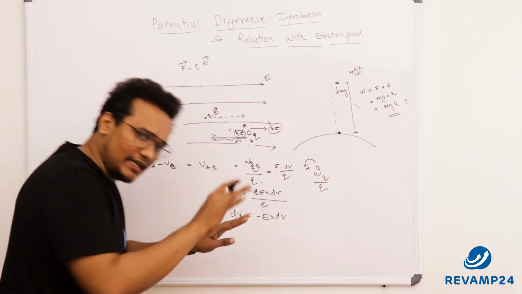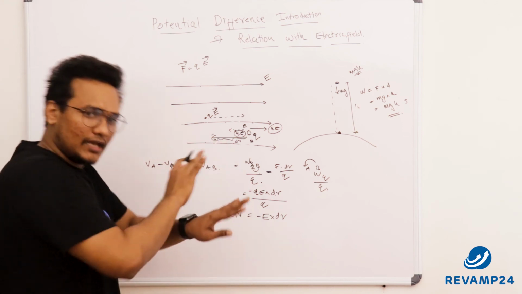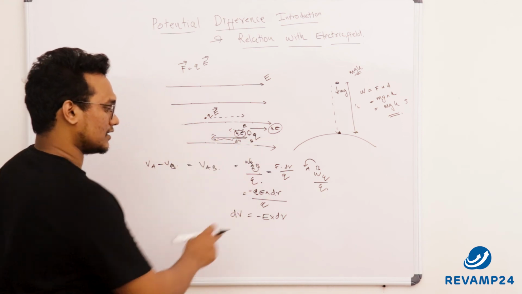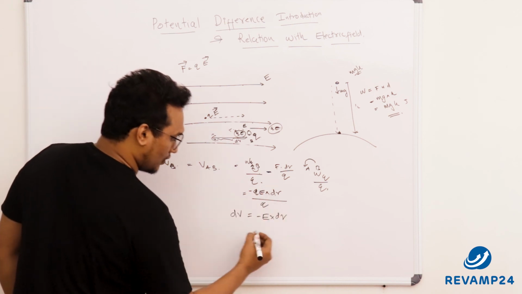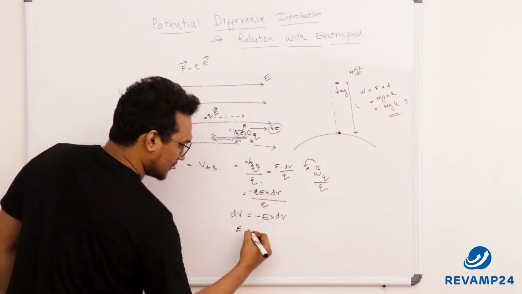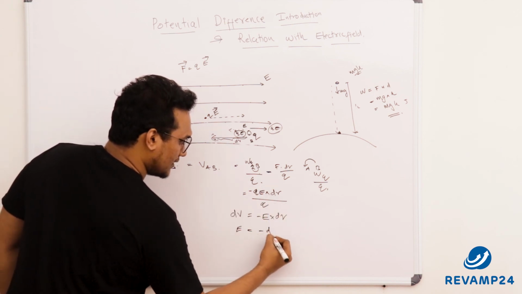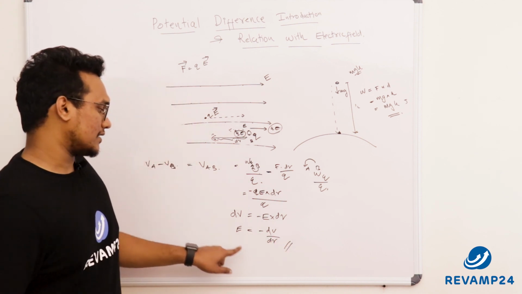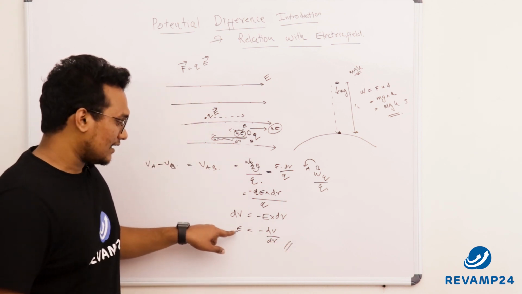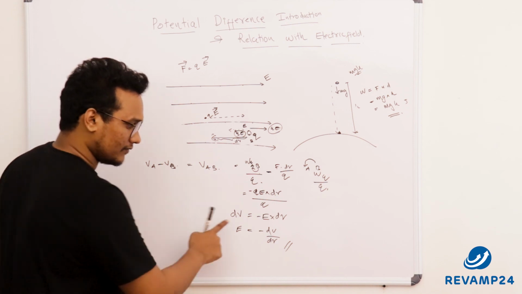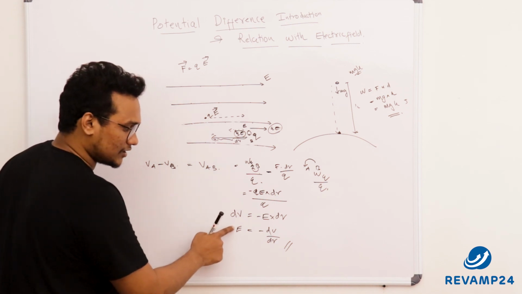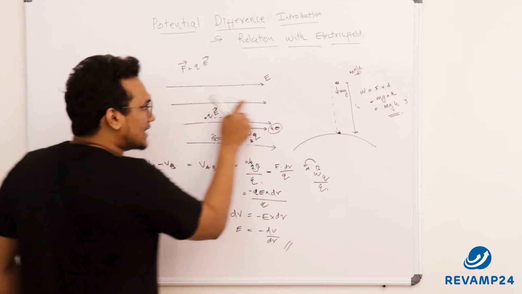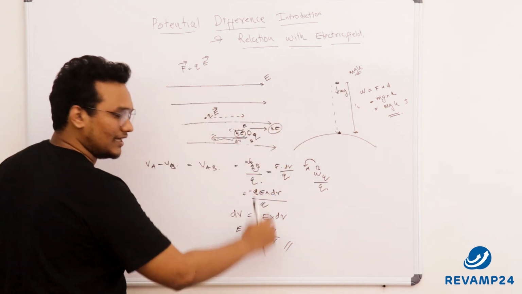dV is nothing but any potential difference in between any 2 points, not only A and B, any 2 points. dV is nothing but minus E into dr. So from this I can rewrite it as E is equal to minus dV by dr. So this is again a very important relation. What does this mean? See, when electric field is positive, this dV is negative, which means along electric field the potential decreases.